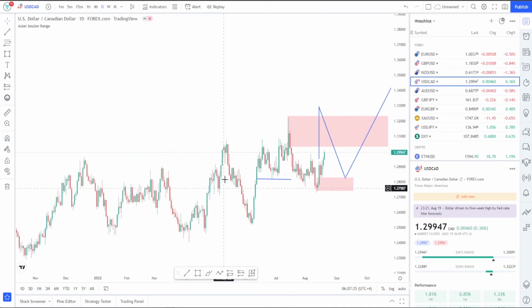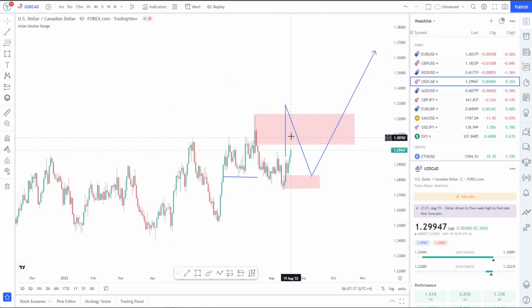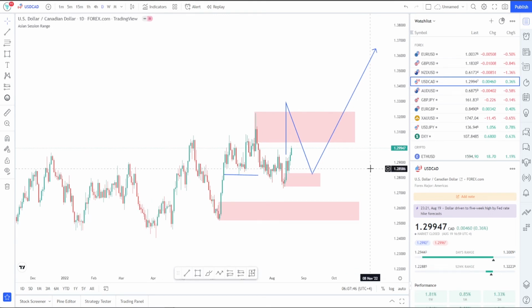So these two are my POIs. If the market decides to react off here and continue all the way down, this is the external low on USDCAD right here. So POI number 1 for buys, POI number 2 for buys, POI number 1 for sells. These are all the points of interest for USDCAD for the coming weeks.